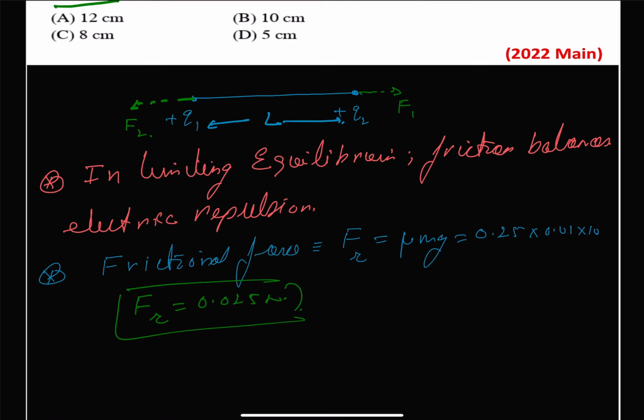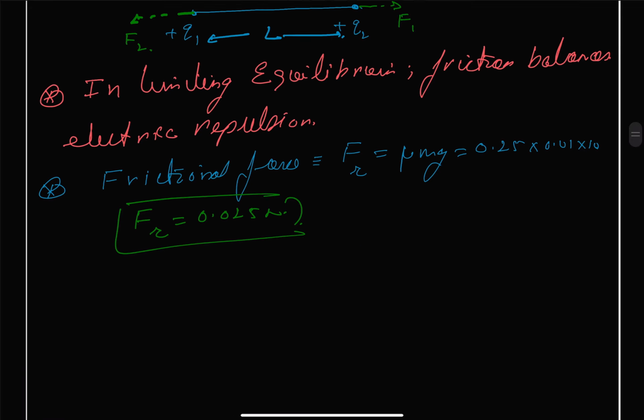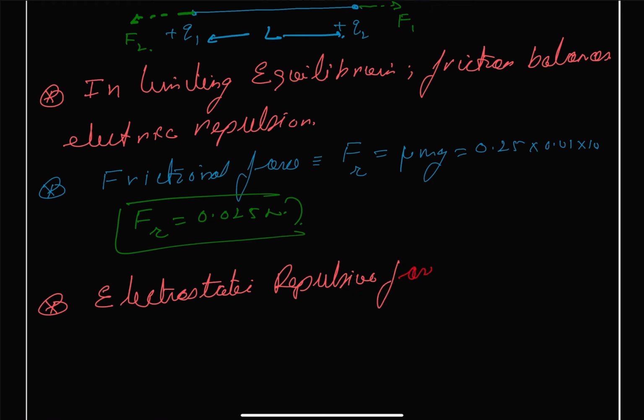And the electrostatic repulsive force, let us call this Fe, will be equal to K times Q square divided by L square.